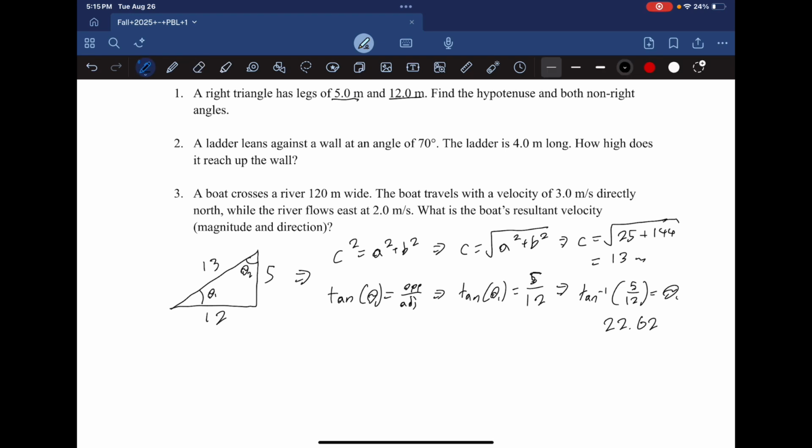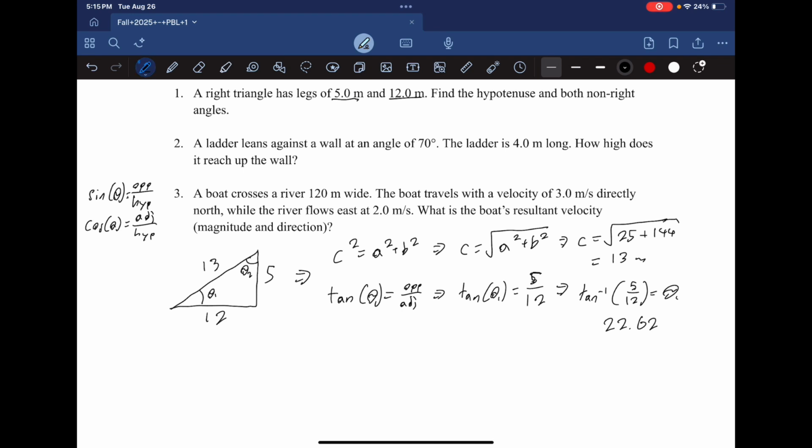So you could also use, I'll write them over here, that sine of theta is opposite over hypotenuse, and that cosine of theta is adjacent over hypotenuse.